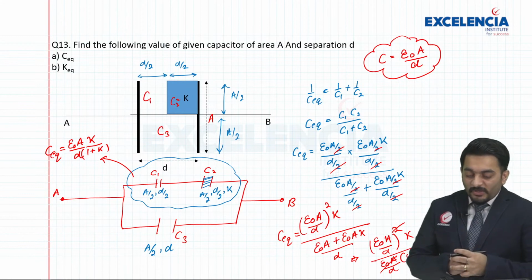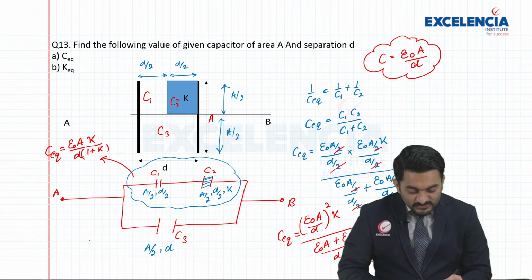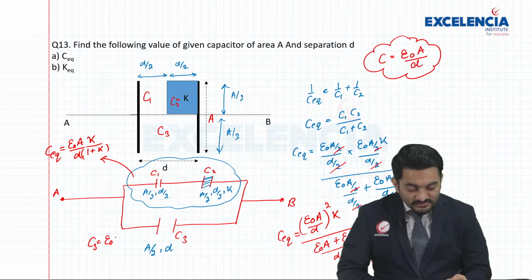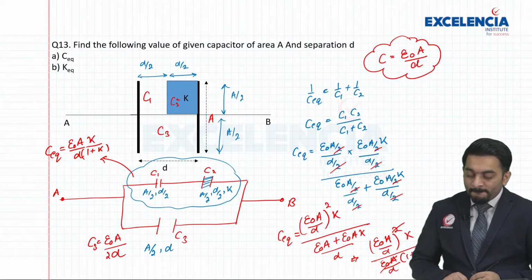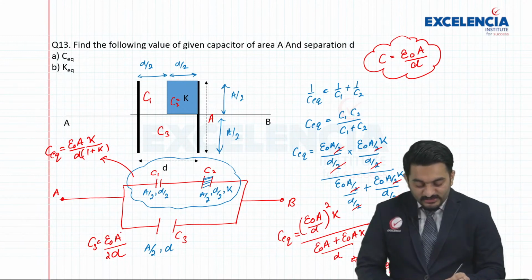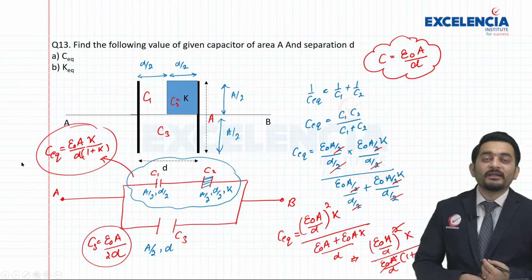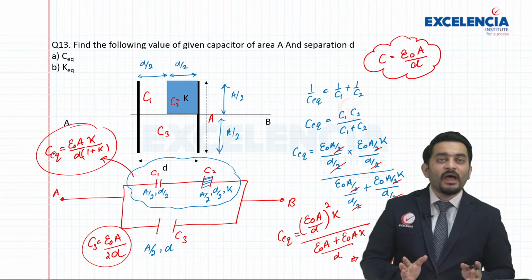The question is still not complete because we have to see that C3 is also given, and C3 is epsilon naught, with no dielectric and area A by 2, so it will look like this. Now this C equivalent which you have calculated and this one are in parallel with each other. Parallel means I am simply going to add these two.